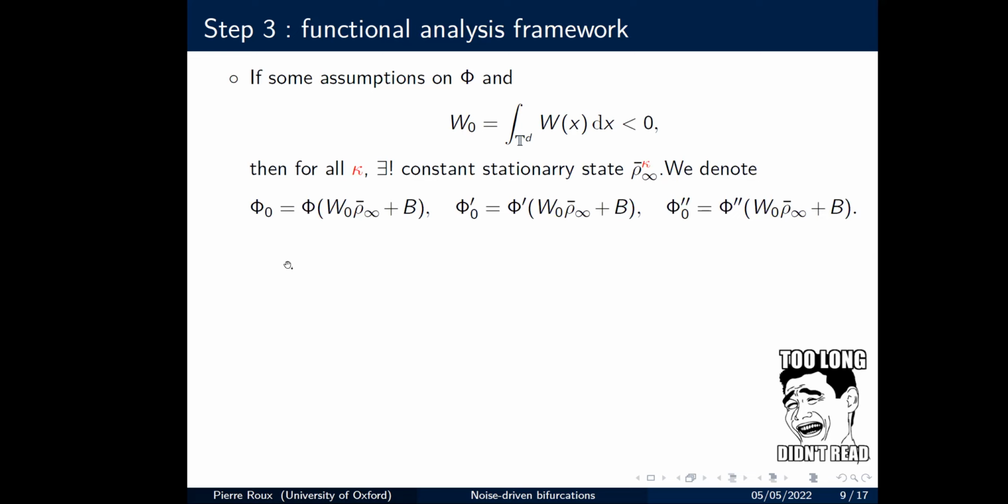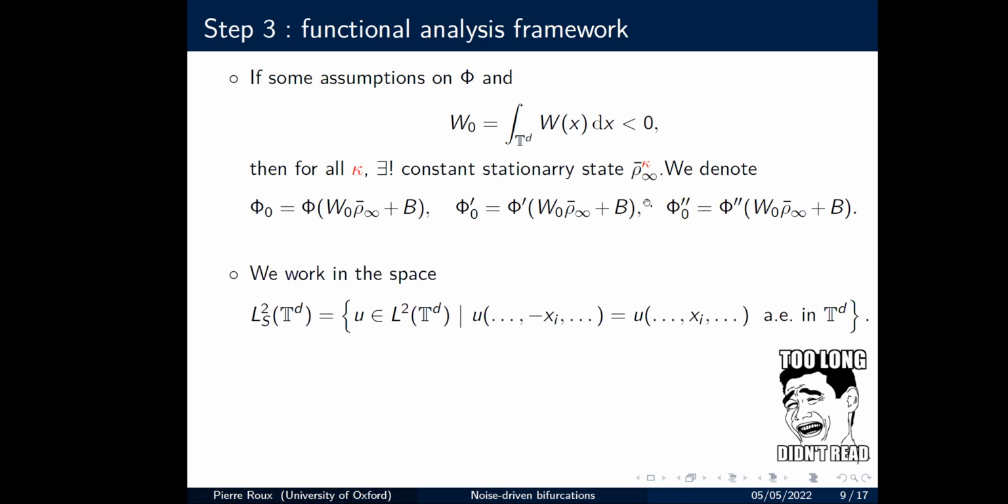You can see that we have to define the firing rate associated to the stationary state and its derivatives. Then you specify the space in which you want to work. And why this subset of L2? Because you may guess that if you have a stationary state which is non-constant, each translation of it is still a stationary state because the equation is translation invariant.